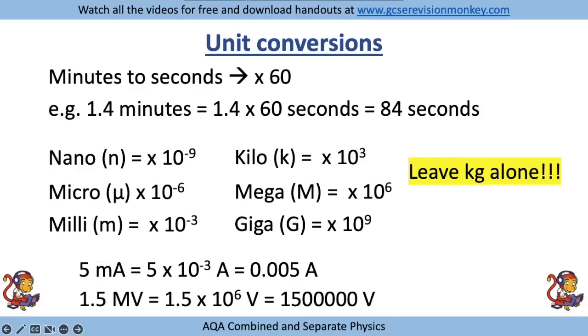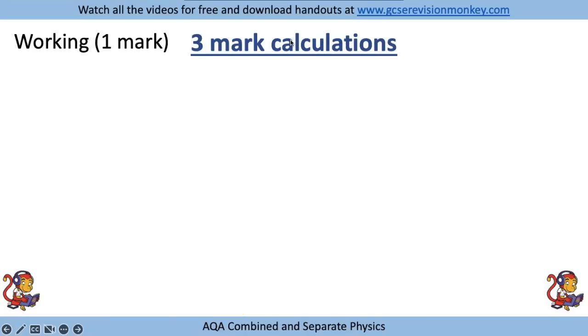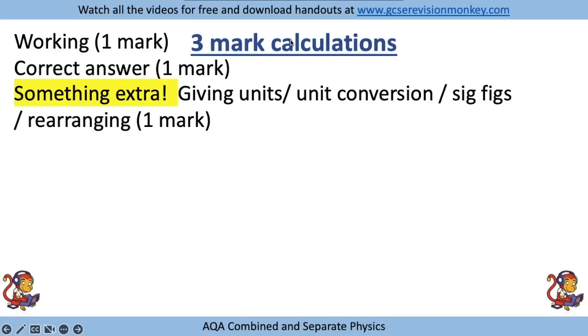Or if you had a capital M there, that would mean mega. So mega is times 10 to the 6. So you'd have 1.5 times 10 to the 6 volts, which is equal to 1.5 million volts.